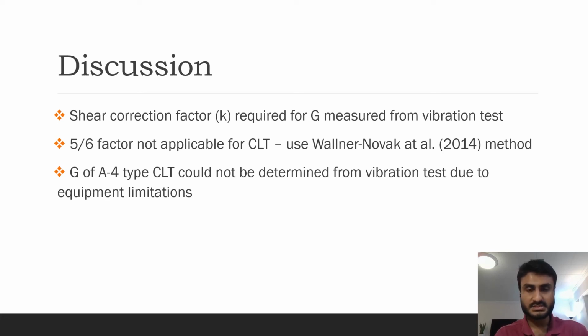Nevertheless, the shear correction factor of CLT under in-plane loading condition is an area that has to be looked into more in future research. For A4 type CLT, the shear modulus could not be determined from the vibration test, as it was not possible to determine the second natural frequency due to the presence of noise in the response function at very high frequencies.